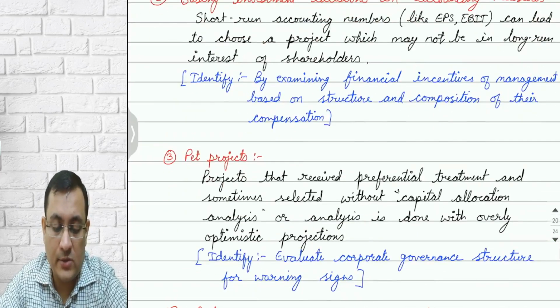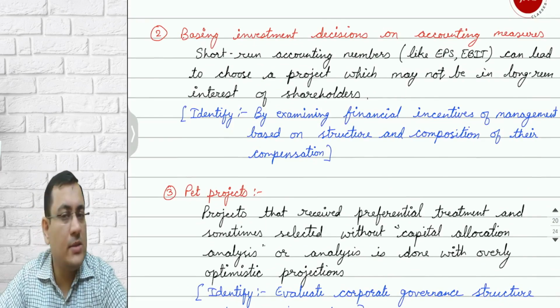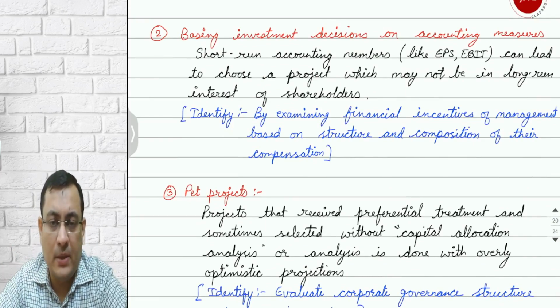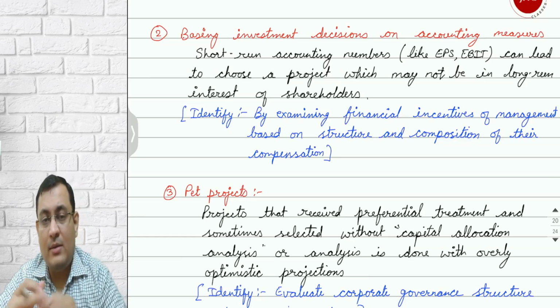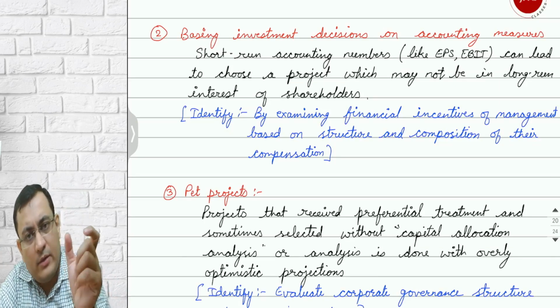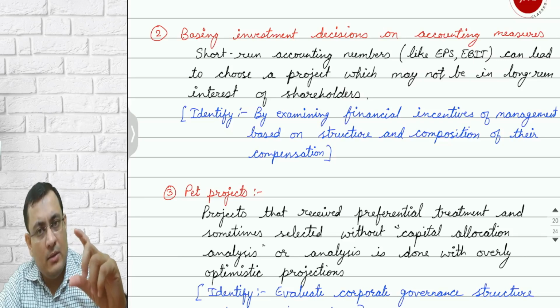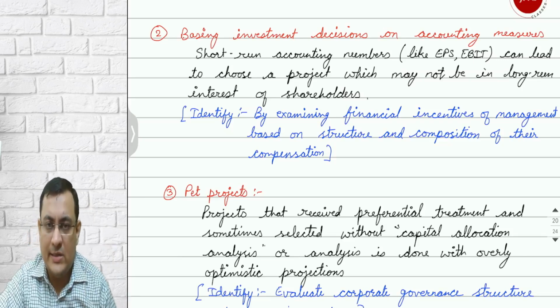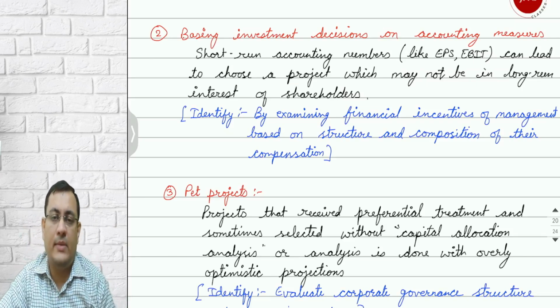Next, the second bias: basing investment decisions on accounting measures, which we have already covered in the principles and best practices also. When the decision is based on accounting numbers, we know that accounting numbers are calculated for a very short period of time, number one. Number two, with the manipulation of accounting policies and assumptions, the accounting numbers, MPS and EPS, can be maximized.